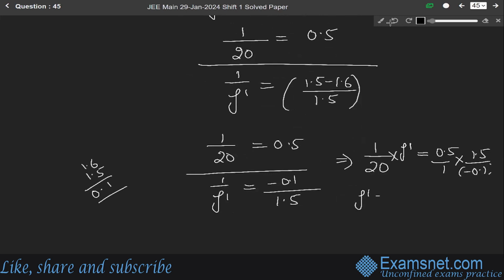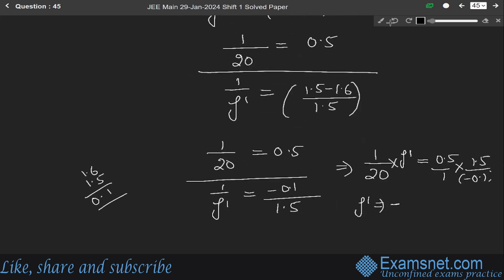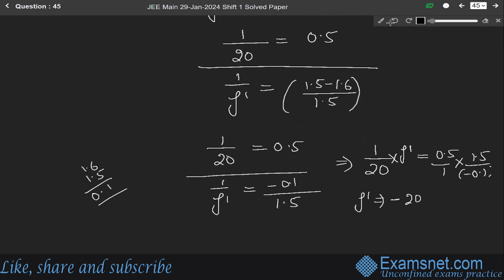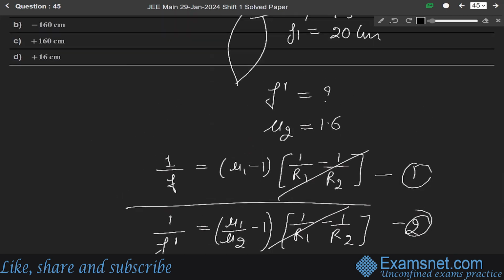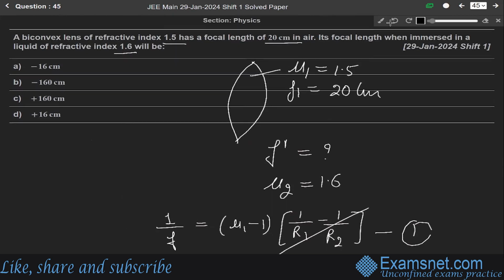So f dash will be equal to minus of 20 into 0.5 into 1.5 over 0.1. Solving this, we get f dash is equal to minus 160 centimeter. This is our final answer. F dash is equal to minus 160 centimeter means option B is correct.